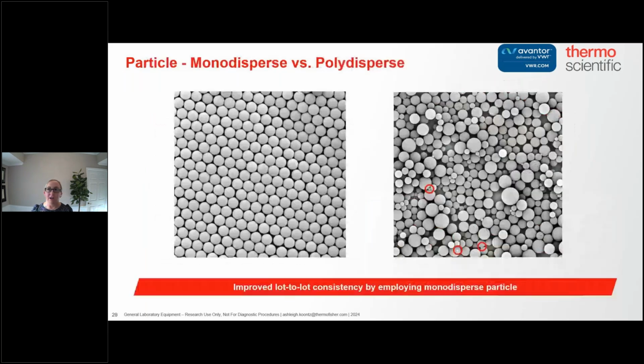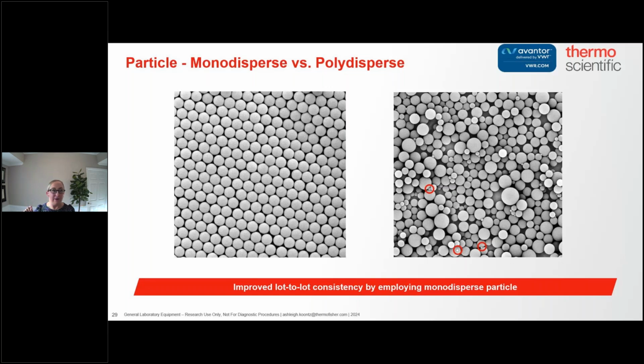And so here you can see, again, a good representation between monodisperse and polydisperse. That historical way of manufacturing this media in that Gaussian distribution is really being completely changed with the monodisperse particle platform. And it's going to, again, allow for that improved lot-to-lot consistency.